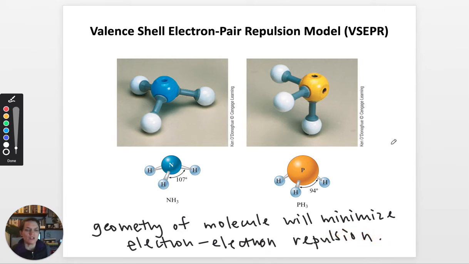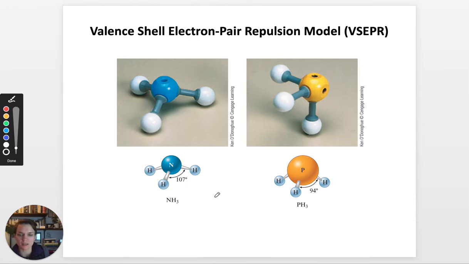So this model explains why when we draw ammonia, this is the way we draw it. So ammonia is NH3. When I drew it before, I didn't draw it like this, which would put those hydrogens as far away from each other. I drew it like this, because this actually allows for the least electron repulsion. So we'll go through a lot of examples, so let's not stress it.